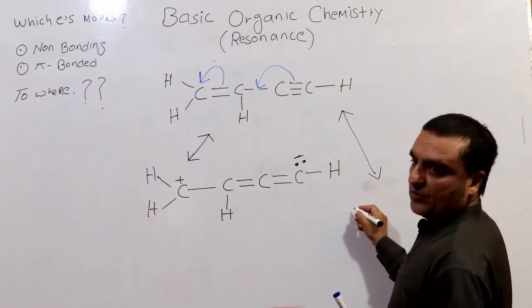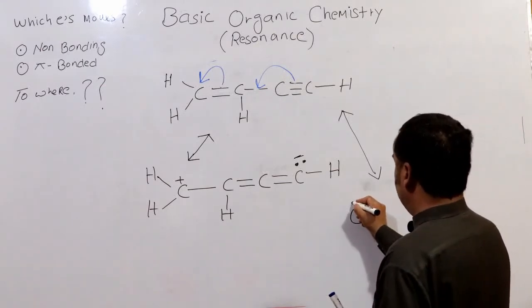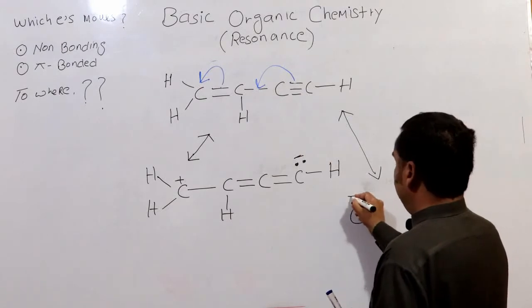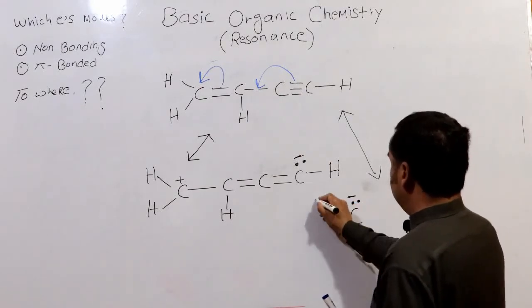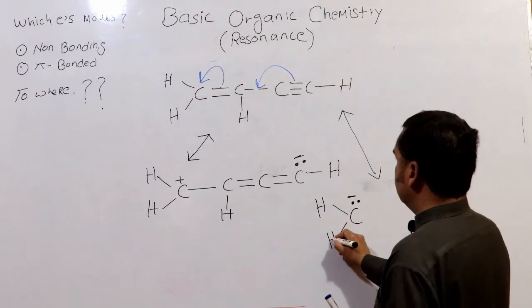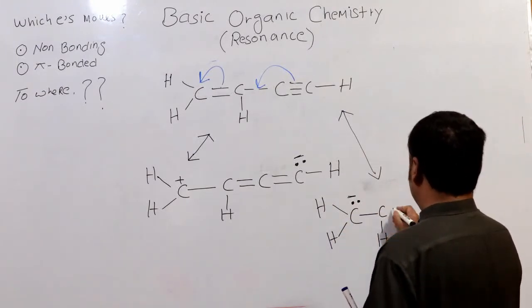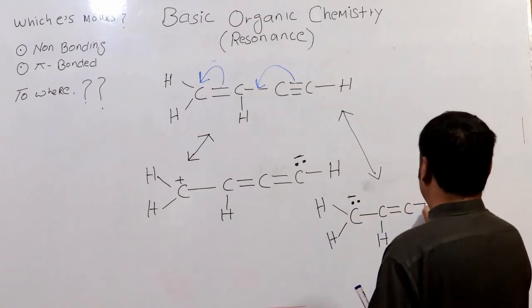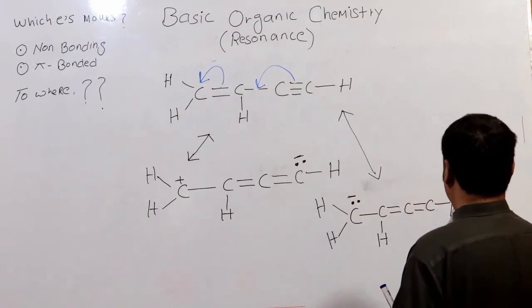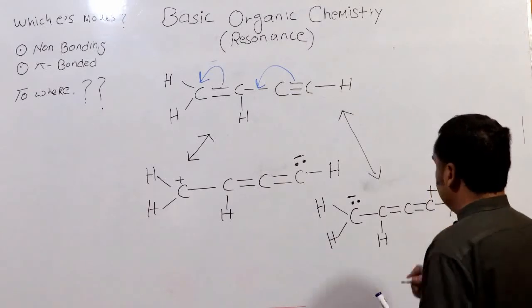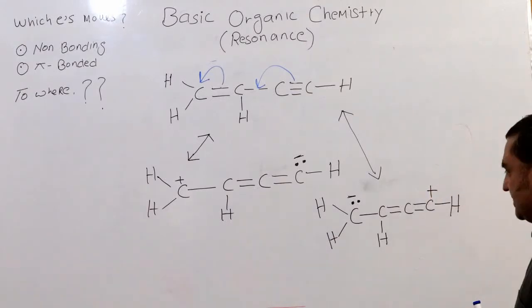Okay, we are not focusing on that right now. Now these electrons move here. These are the two H's. This is the CH. This is a double bond. This is a double bond, and this is H, and now a positive charge appears here.